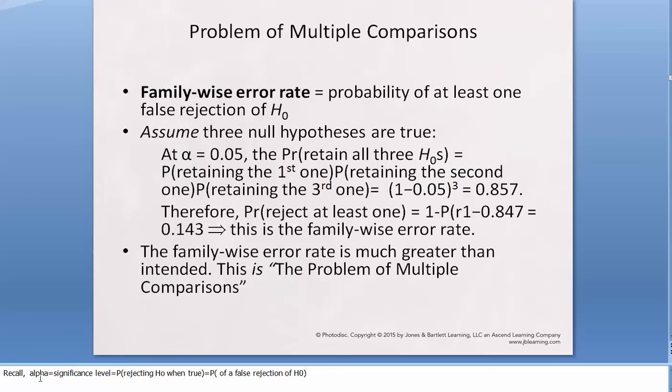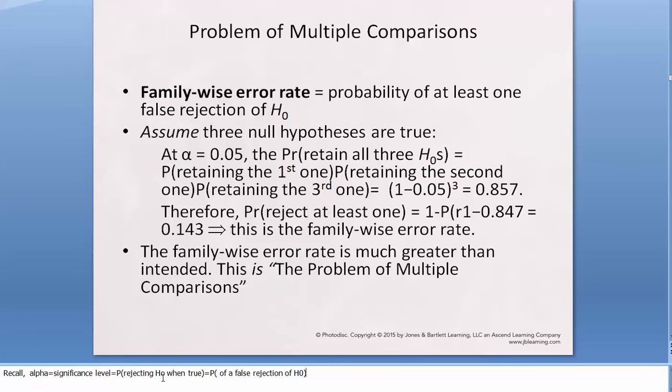But even if you set it, because of these lots of different pairs and multiple comparisons, we will not end up getting alpha to be 0.05. So let's see how that works. Let me walk you through this. First of all, since we have several null hypotheses, we cannot just say probability of rejecting H null.